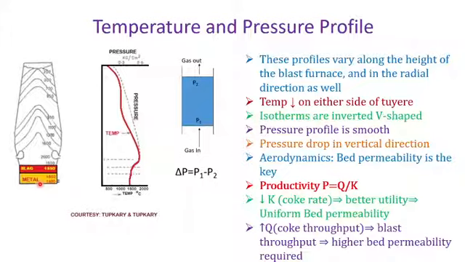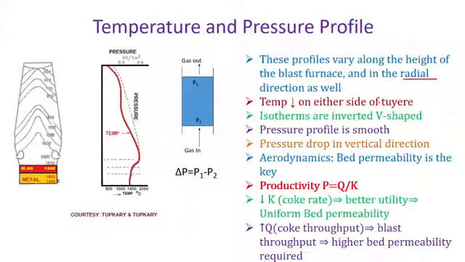It is evident from the figure that the temperature lines, or isotherms, are in the shape of an inverted V. It indicates that the temperature varies not only along the vertical axis but also in the radial direction.